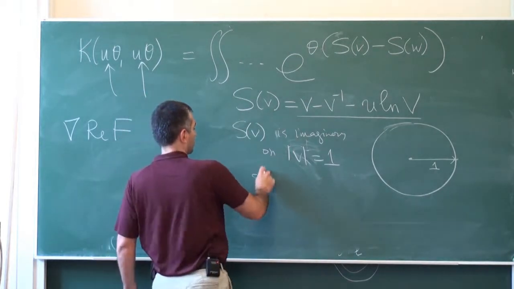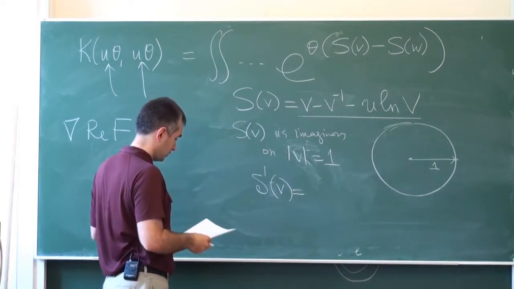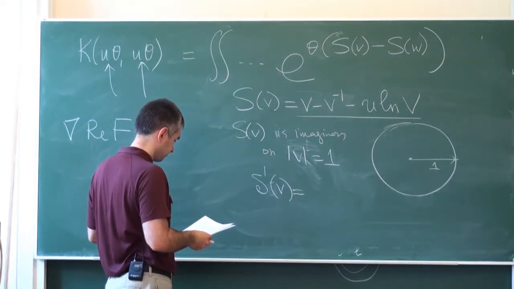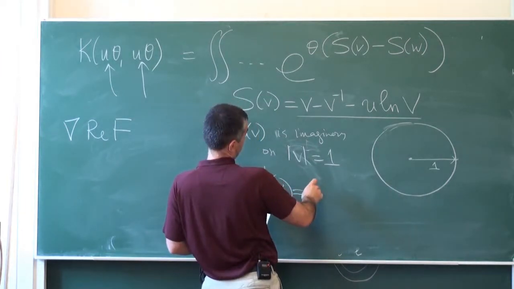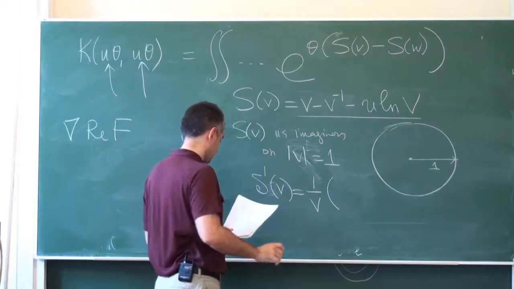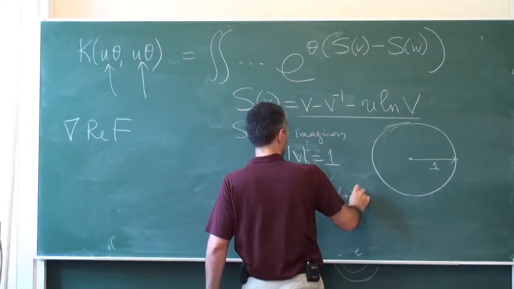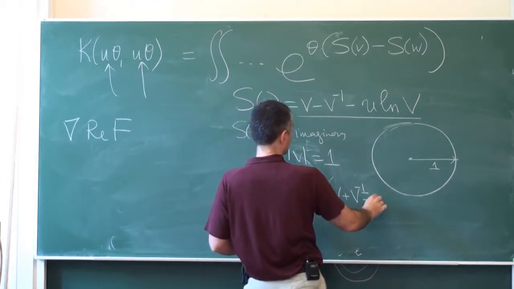So the critical point of this function, S prime of v, is going to be what? So this is v plus v inverse minus u.